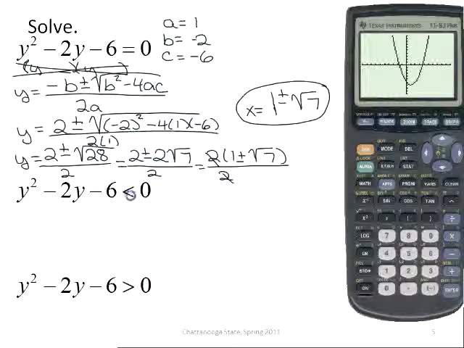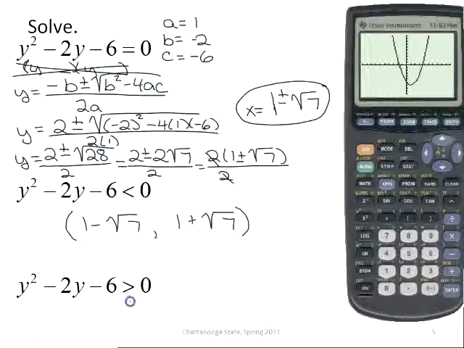If I want the part of the graph that's less than 0, I want the part that's below the x-axis. So that's going to be the part between those two x-intercepts. So my solution would start at 1 minus the square root of 7, and it would end at 1 plus the square root of 7.